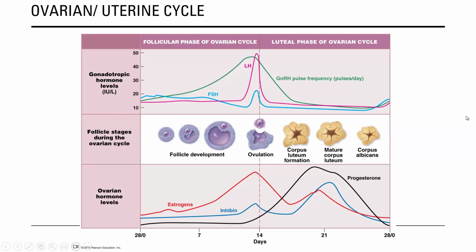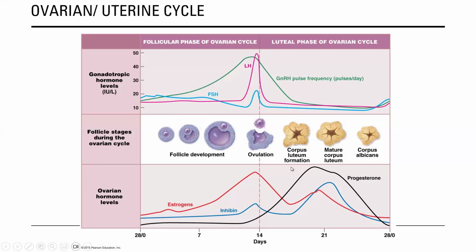You can see how complicated the ovarian and uterine cycle can be. The biggest things I would note are: when are estrogen levels high, when are progesterone levels high? When is follicle stimulating hormone high? When does luteinizing hormone get high? Those are the kind of questions that I would expect on the exam.